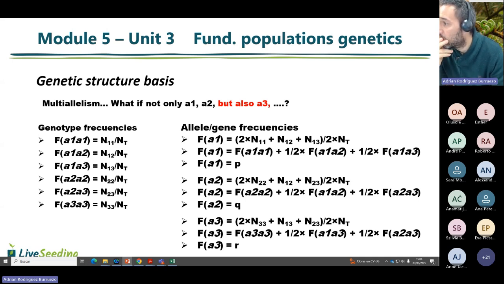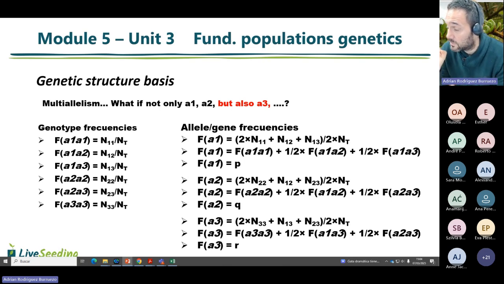For instance, we have also many cases where the gene depends not only on two alleles, A1, A2, but also on a third allele or even more alleles, A3, A4, etc. But I will stay with three alleles to explain how multi-allelism can be phased to define the genetic structure of a population where more than two alleles are present. It's quite simple.